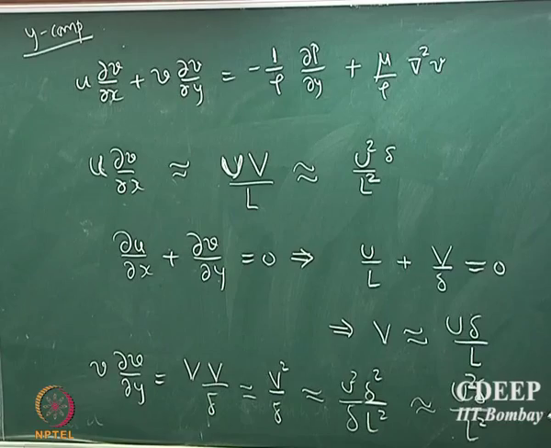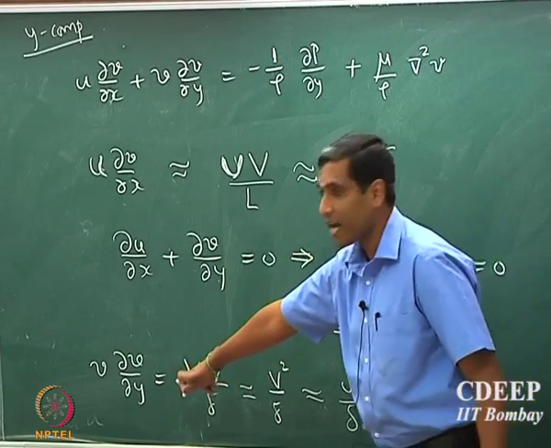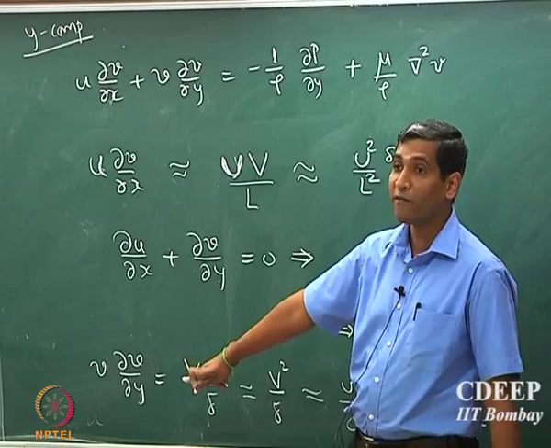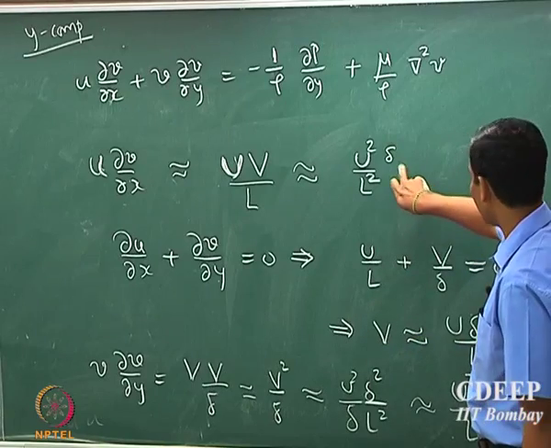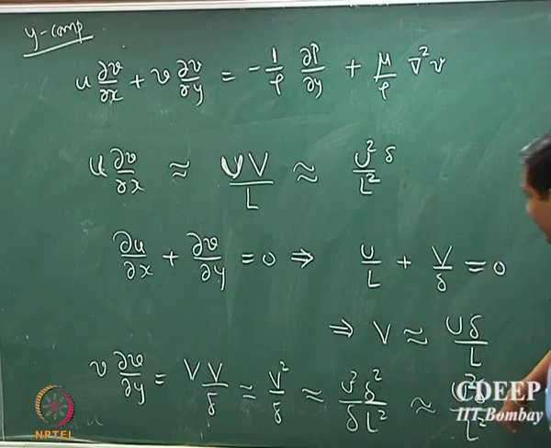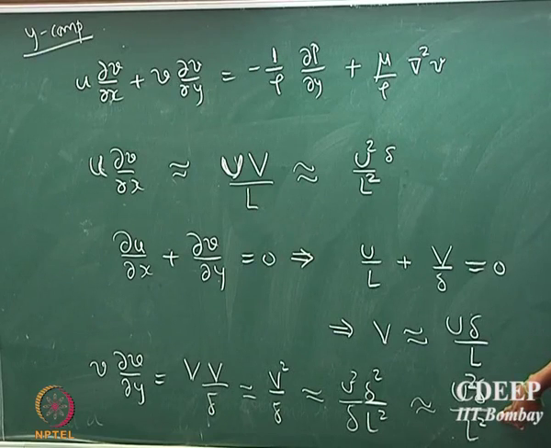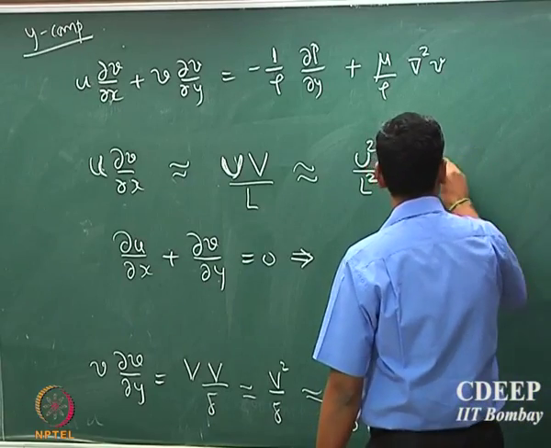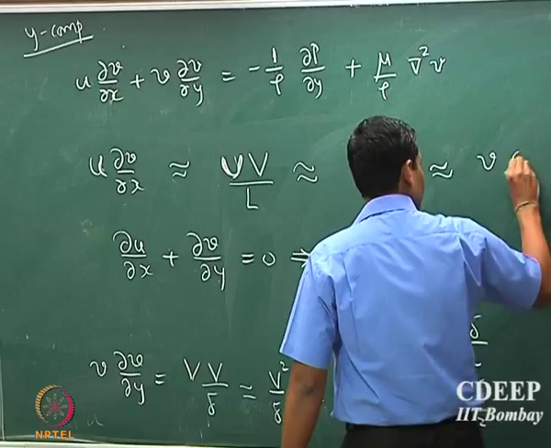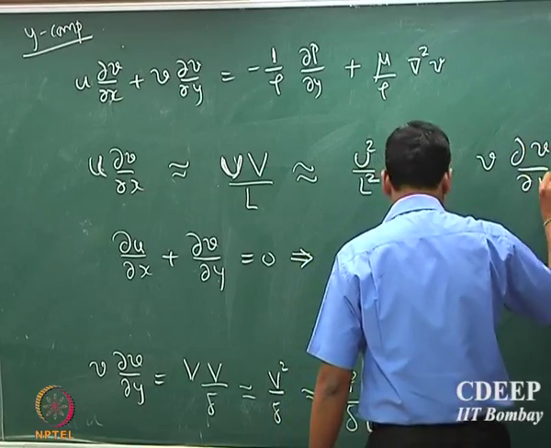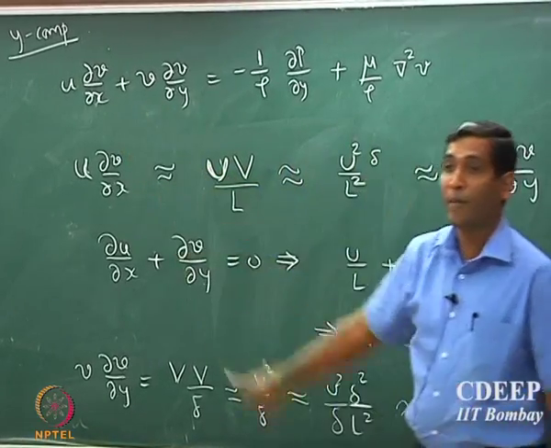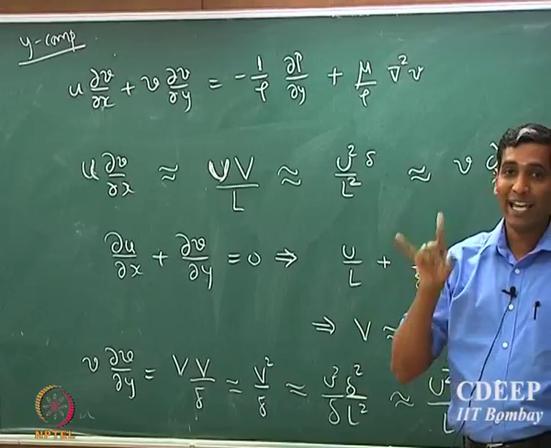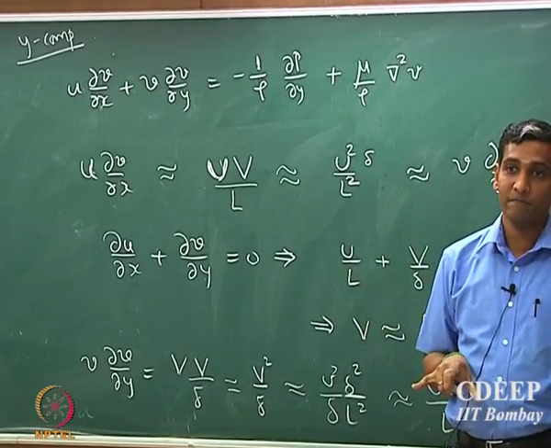Okay. So which means that u dv by dx and v dv by dy are actually of same order of magnitude. You can clearly see from here, this is U square delta by L square, and exactly that's the same scaling you get for u into dv by dx. So that's an important observation: the first two terms in the y component momentum balance actually scale to the same order of magnitude.